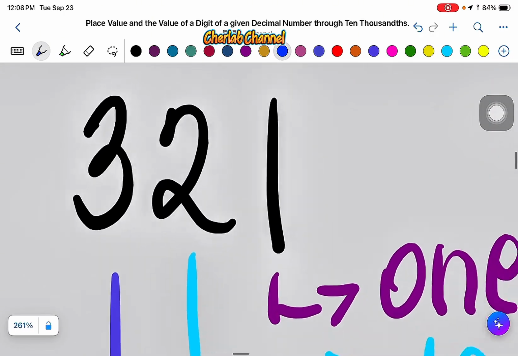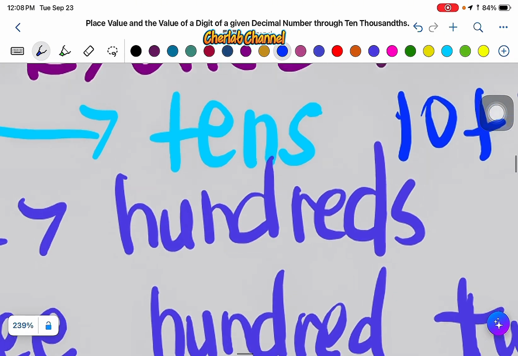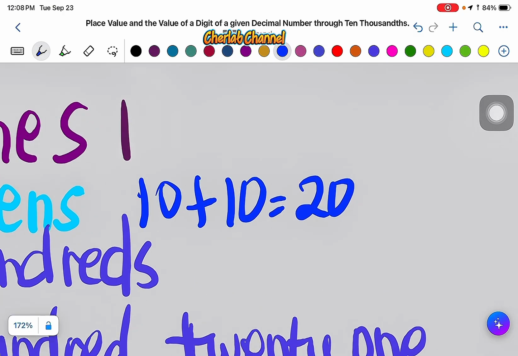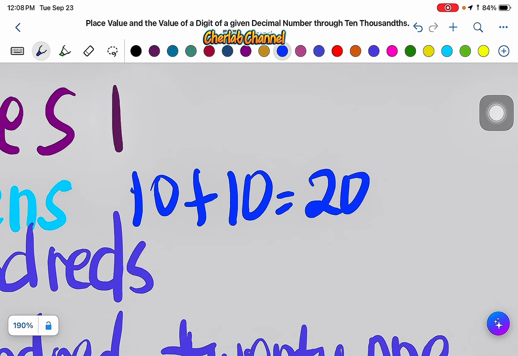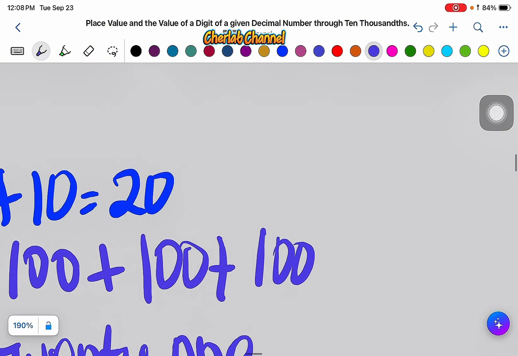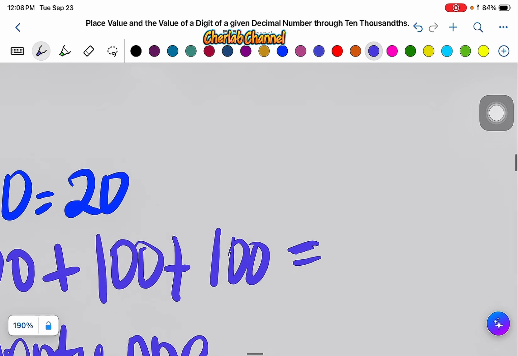While the last number is in hundreds place, which means tatlong tig iisang daan. So if we will represent that, it would be 100 plus 100 plus 100 is equal to 300.